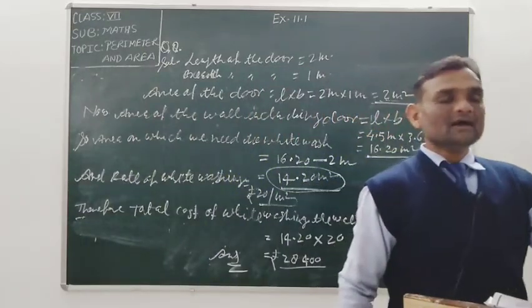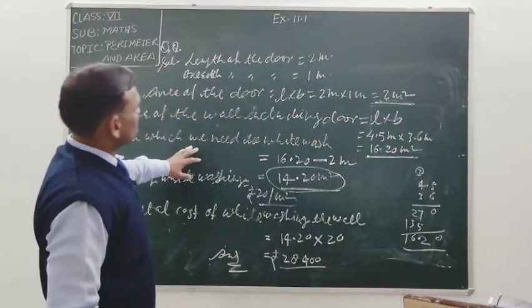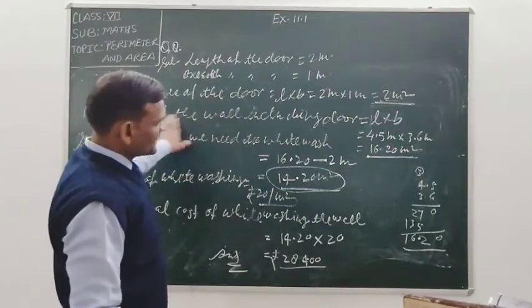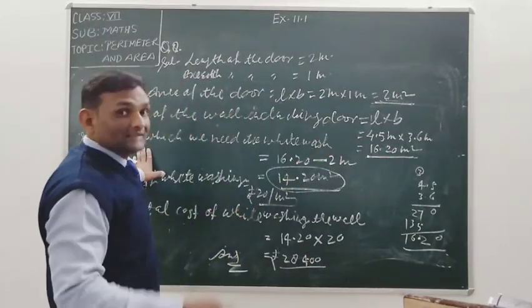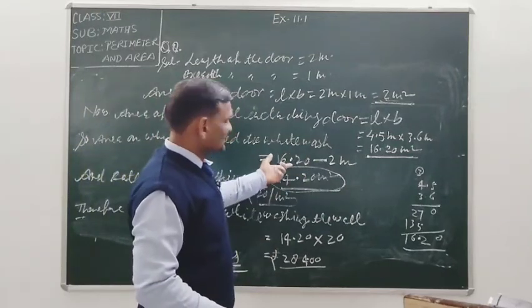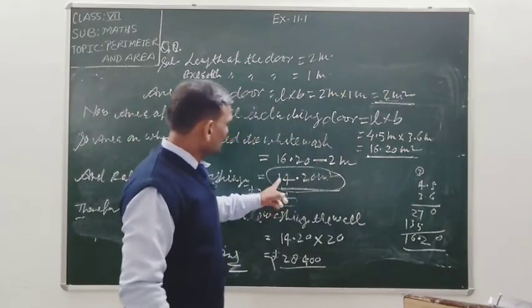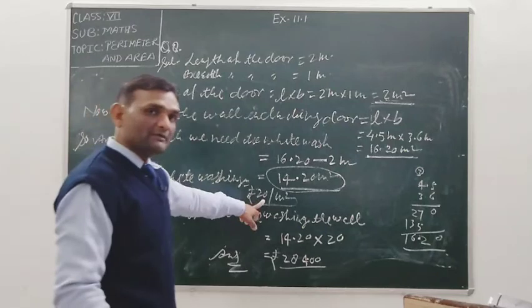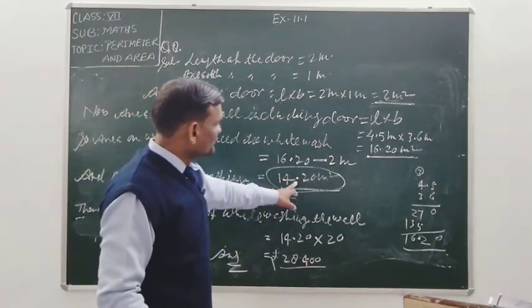Student, it is a very easy question. Firstly, find the area of the door. After this, find the area of the wall including door, and then find the area on which you need to whitewash, that is area of the wall including door minus area of the door, 14.20, and the rate is 20 rupees per meter square, and the total space where we need to whitewash is 14.20 meter square.